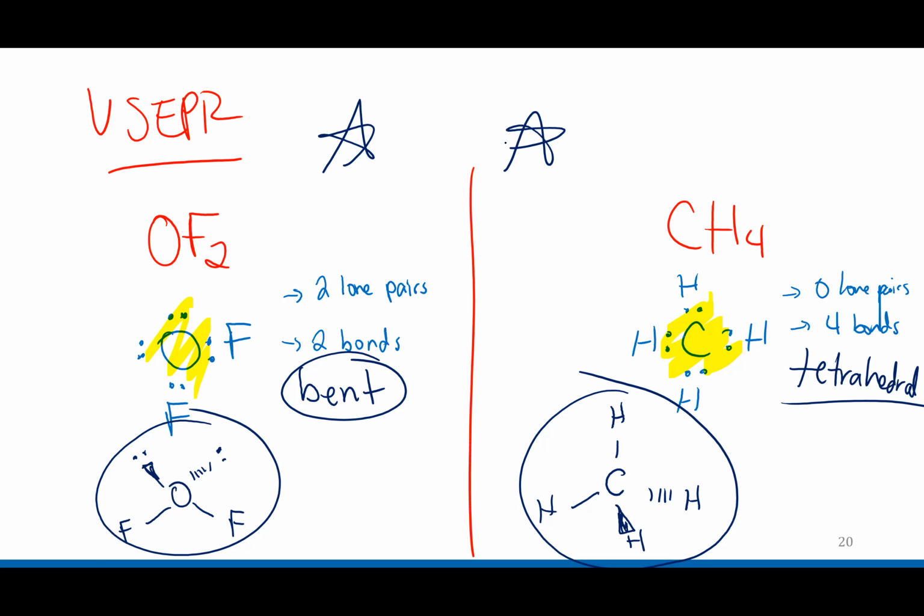Now, what's not part of this question, but what you might need to know for another question, is the intermolecular forces. Just remember that there are 3 intermolecular forces. There's London dispersion. Every molecule on Earth has London dispersion.